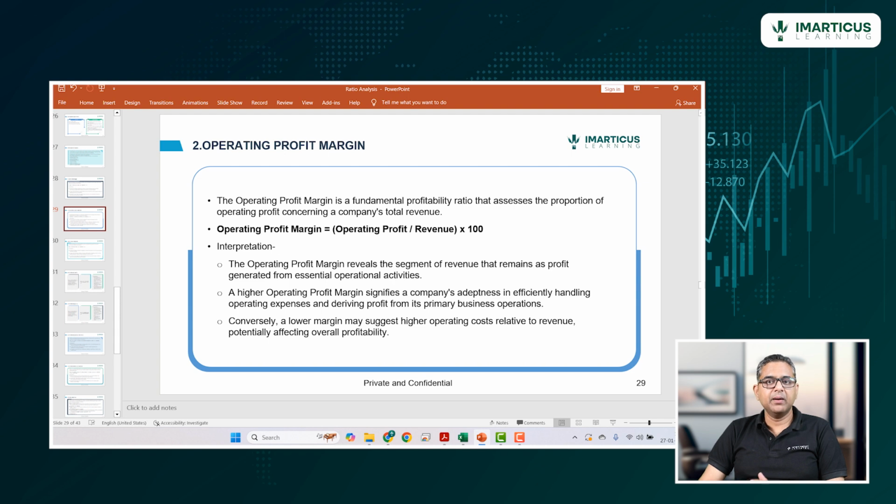The company having better control, a better ability to limit operational expenses, will be able to show higher operating profit margins if we compare it with other similar companies in that industry. So again, within industry, within a similar set of companies comparison, the higher the operating profit margin, the better it is.